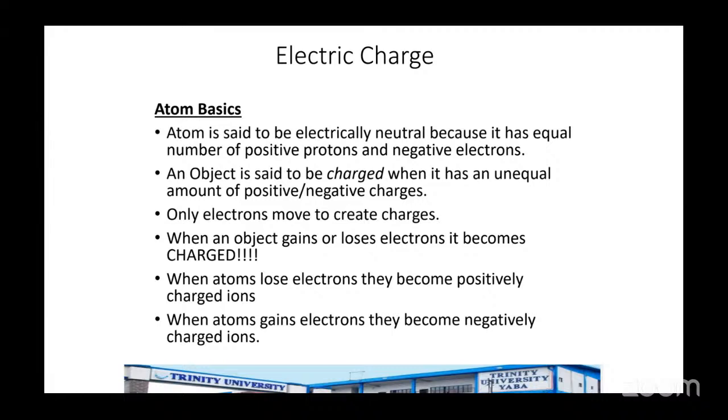And the charge it carries will be the charge that is more. So for instance, when we say that an object is positively charged, it means that the number of positive charges on that object is more than the number of negative charges.